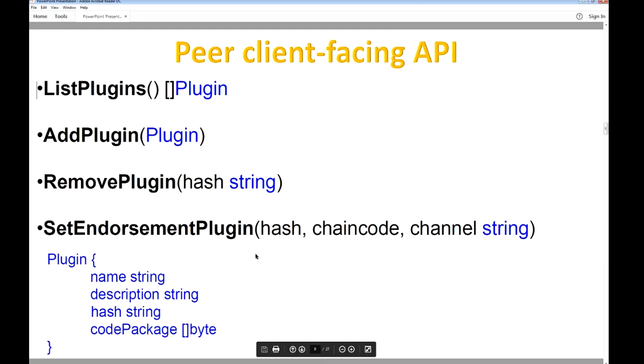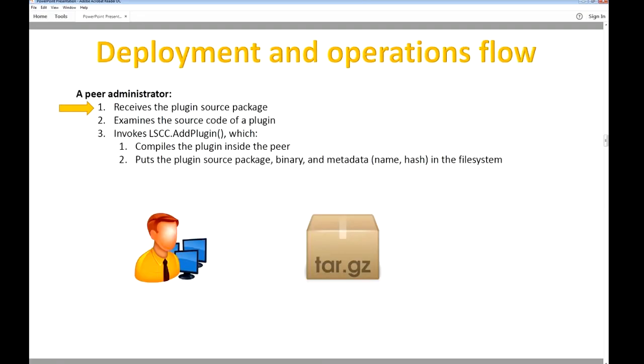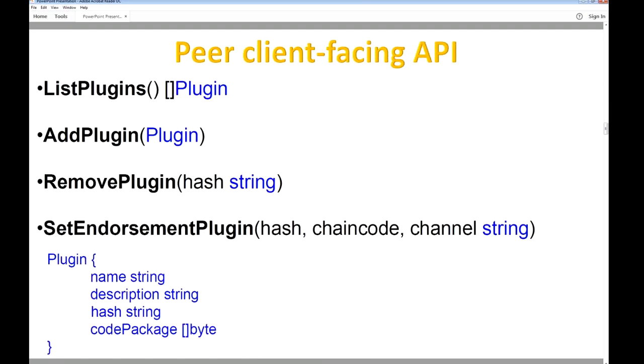Now, the plugin here is just a definition: it has a name, a description, a hash, and a code package. The important thing to note here is these are only abstract API methods, but in practice, they are going to be added to a lifecycle system chaincode. Now, before that, any questions?